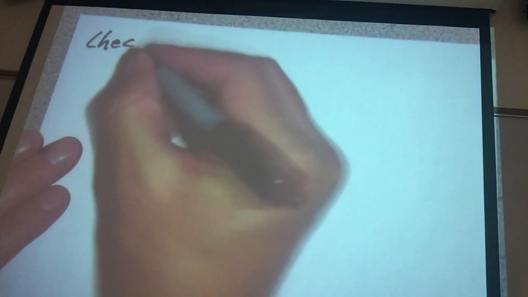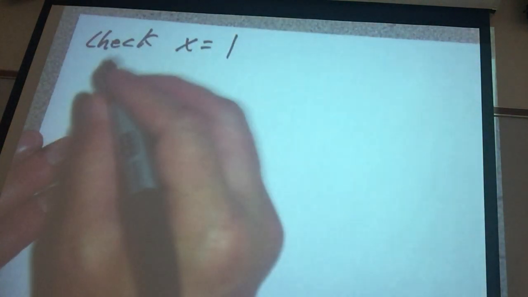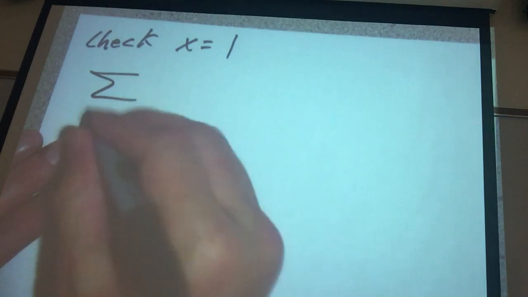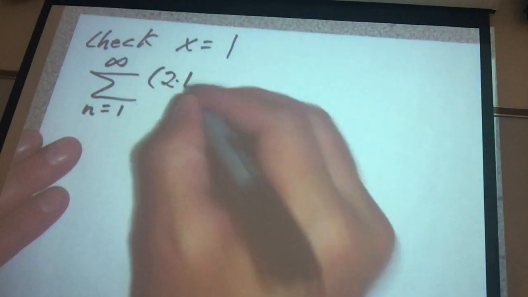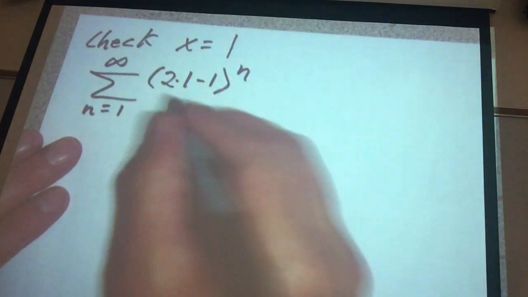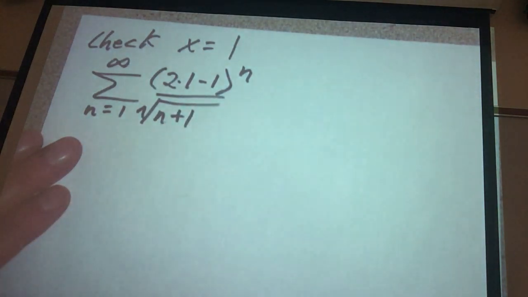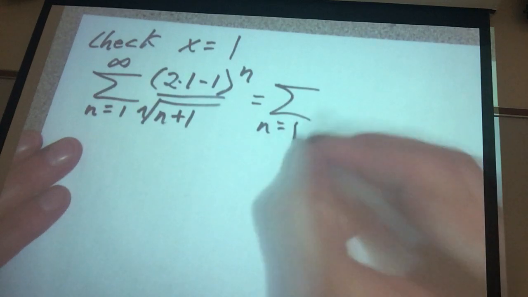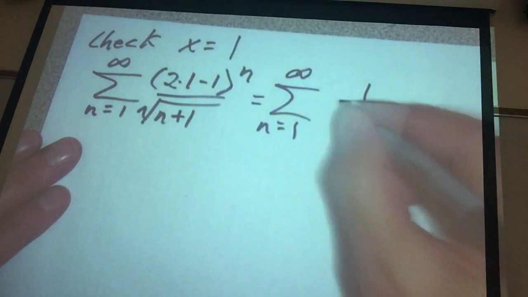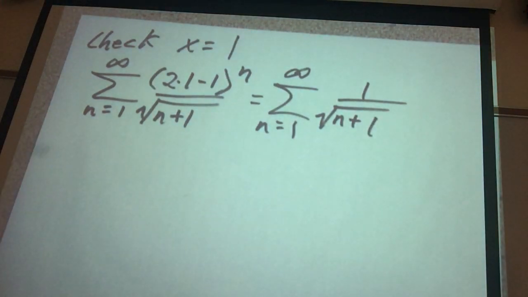So we're going to check x equals 1. This would turn into the sum n equals 1 to infinity of 2 times 1 minus 1 raised to the nth power divided by the square root of n plus 1, which would equal the sum n equals 1 to infinity of 1 divided by the square root of n plus 1.